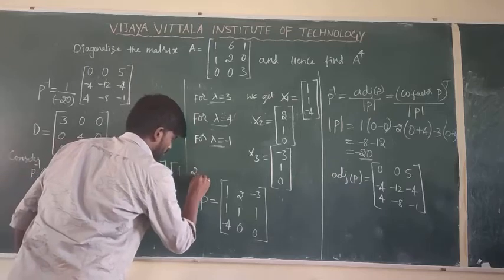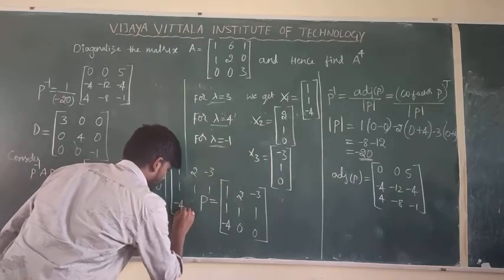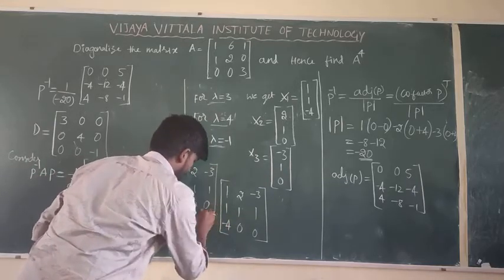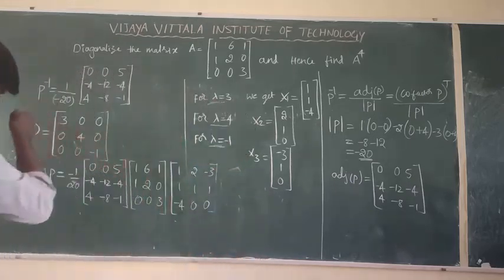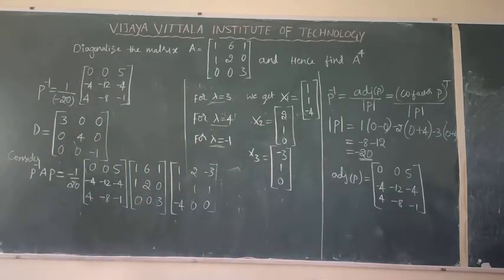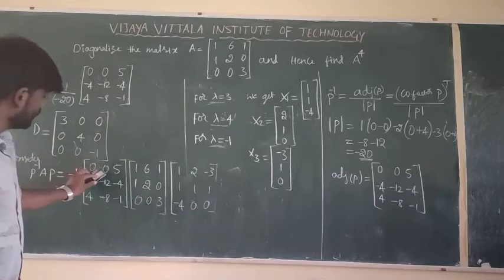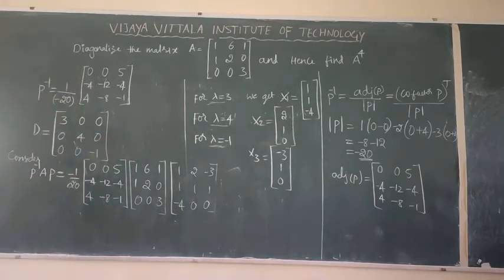P matrix is 1, 2, minus 3, 1, 1, 1, minus 4, 0, 0. First, we multiply these two matrices. Then, with the resultant of these two matrices, we multiply this matrix.